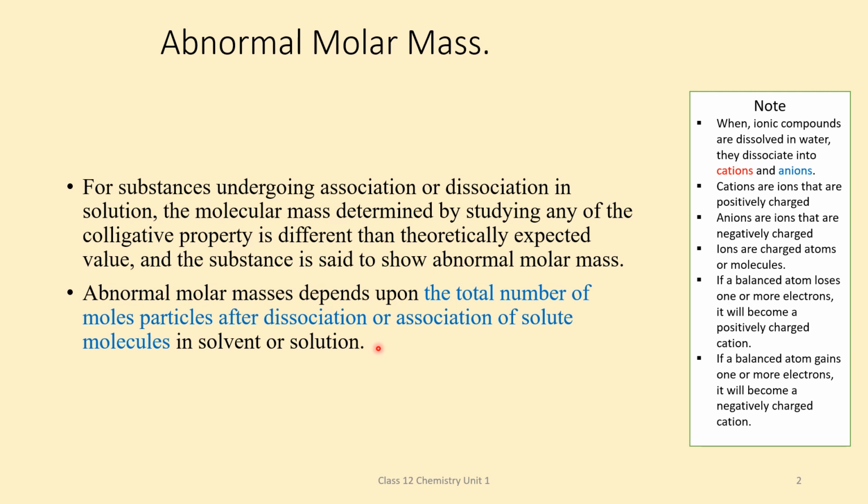Anions are ions that are negatively charged. Ions are charged atoms or molecules. If a balanced atom loses one or more electrons, it will become a positively charged cation. If a balanced atom gains one or more electrons, it will become a negatively charged anion.